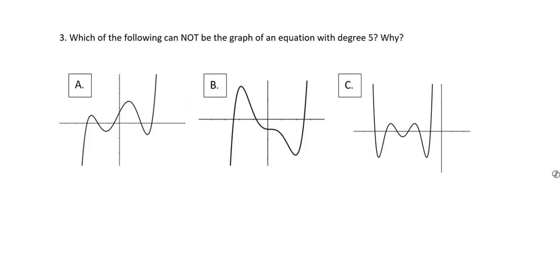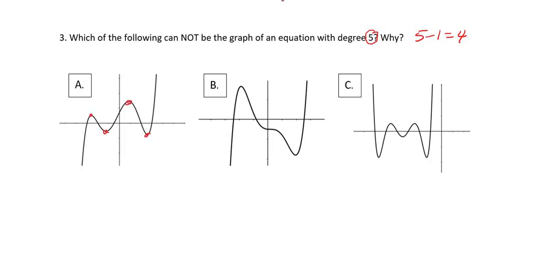In this problem, we're asked which of the following cannot be the graph of an equation with degree 5 and why. And there's a couple of different things that I can look at to help me figure out this answer. But with this particular lesson, we're looking at turning points. And I know that if I have degree 5, the maximum number of turning points is going to be 5 minus 1, which is 4.